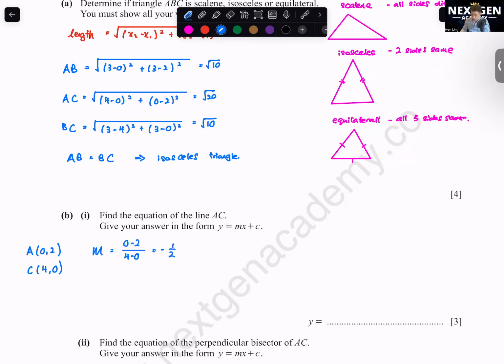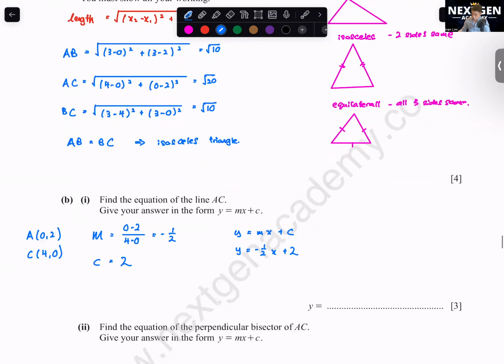You will get negative 1 over 2. How to find C? Actually we got the answer already. C is y-intercept. So C is equals to 2. You don't need to calculate it. Now you substitute into y equals mx plus c. So y equals to negative 1 over 2x plus 2.